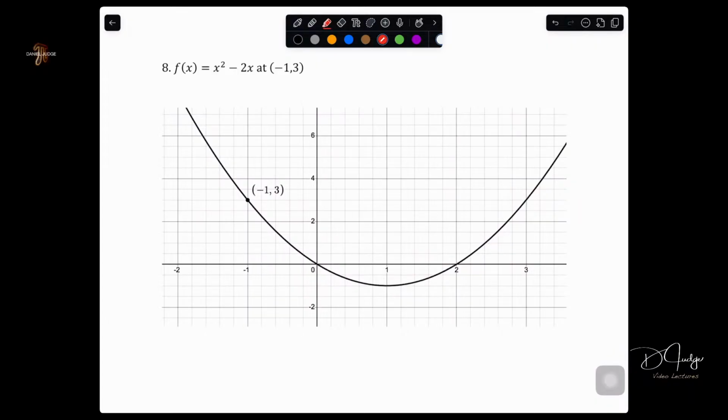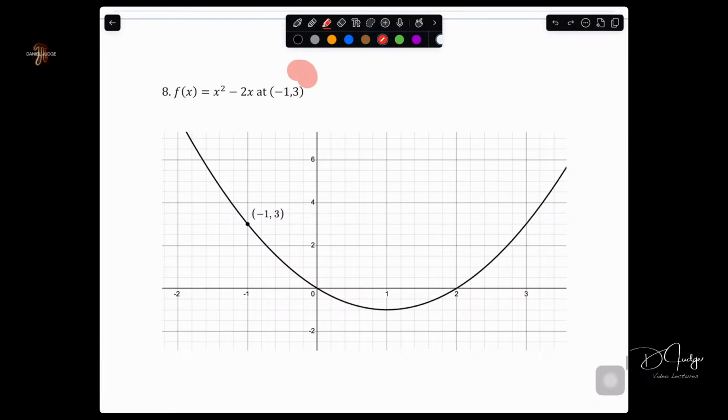Number 8. Finding the slope of the tangent line, and then eventually the equation of the tangent line here. A value is -1 here. So a is -1. Your function will be x squared minus 2x.